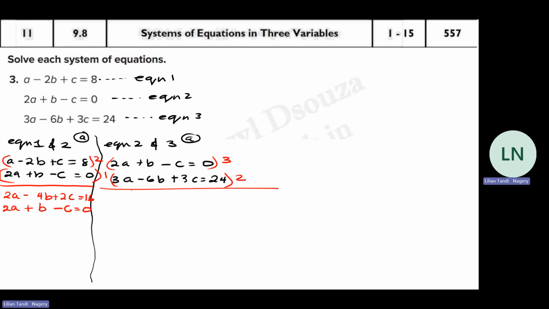Okay, and this side I will have 6A plus 3B minus 3C equals 0. 6A minus 12B plus 6C equals 48. Okay. So I will make my houses.